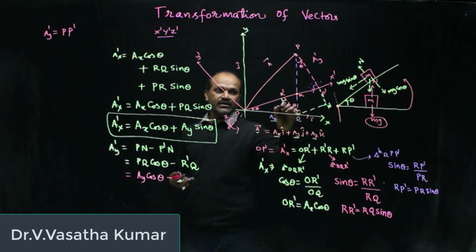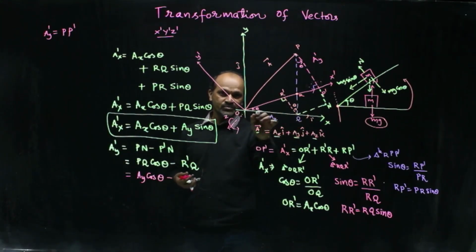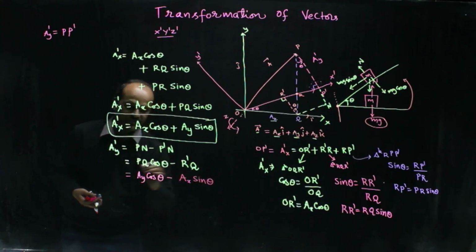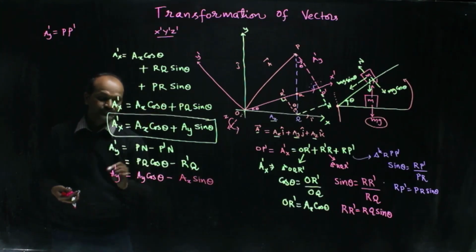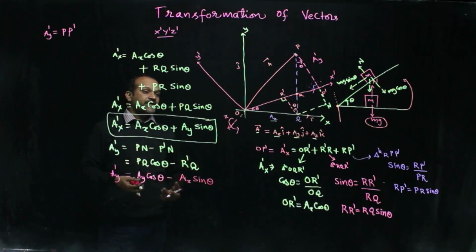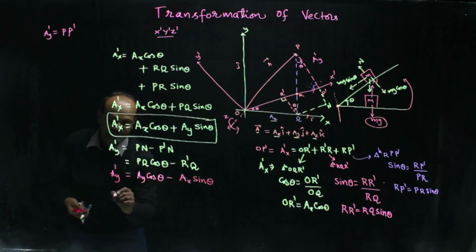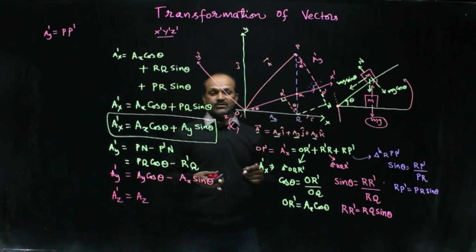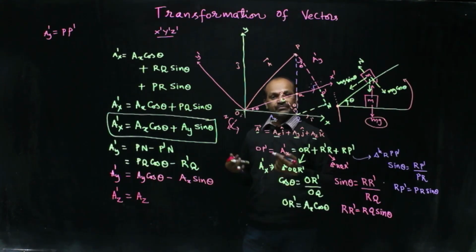R dash Q is opposite by hypotenuse, so R dash Q is equal to Ax into sin theta. This is Ay dash. Because we are rotating about the z axis, Az dash is Az. There is no change. About the axis you are rotating, the components along that axis will not change.